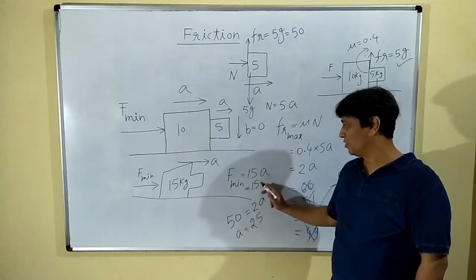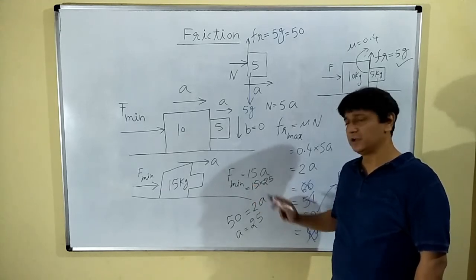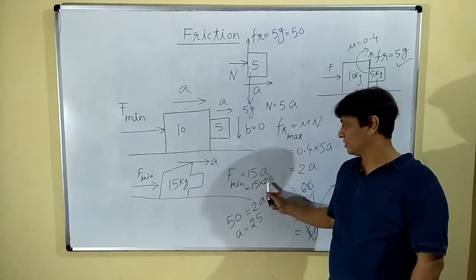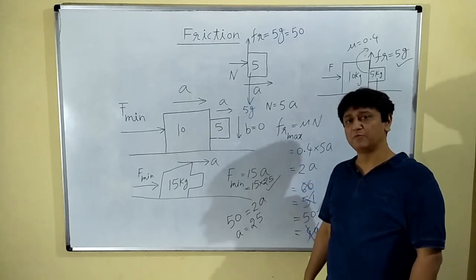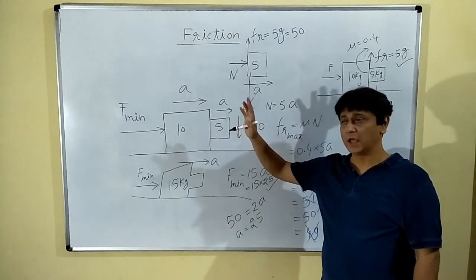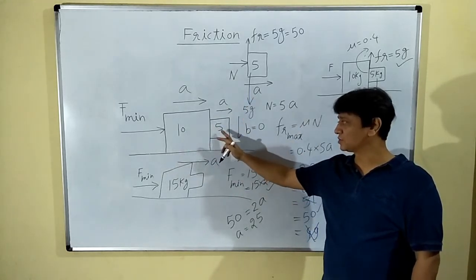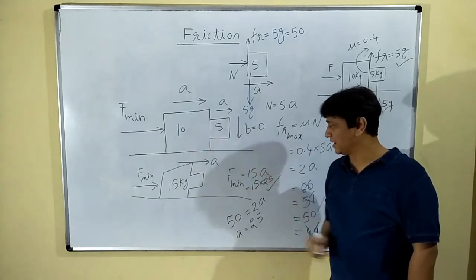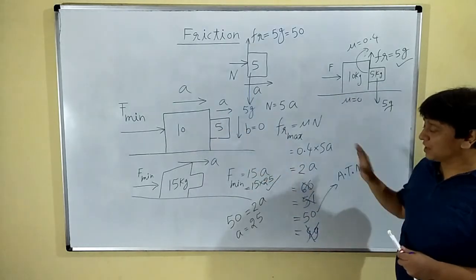What is minimum? 15 into 25. That's the minimum force which is acting on this body. And then only you can stop 5 kg from sliding down. अच्छा क्वेश्चन है.